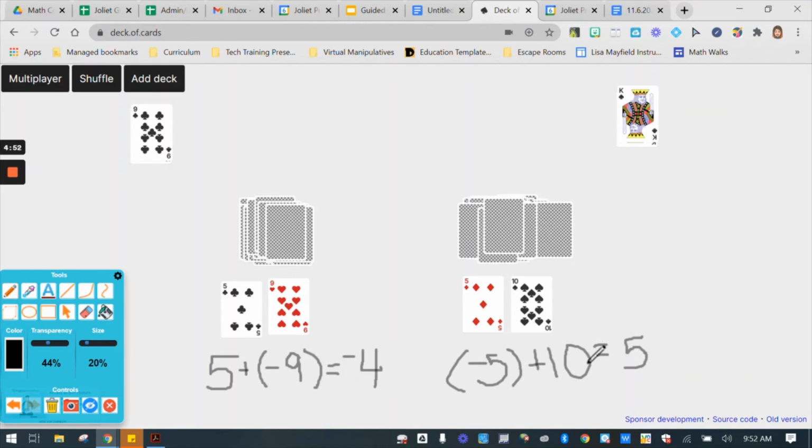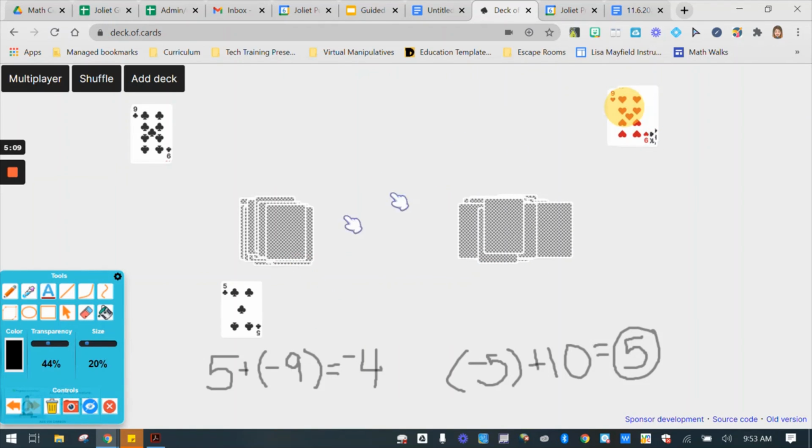And 10 has a greater absolute value. Its sign is positive, so my answer is positive. 5 is a larger value, and therefore player 2 gets to keep the cards from both players. And then it's the next player's turn.